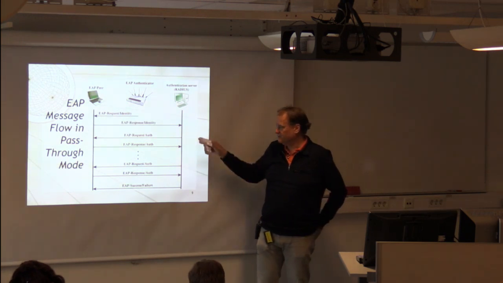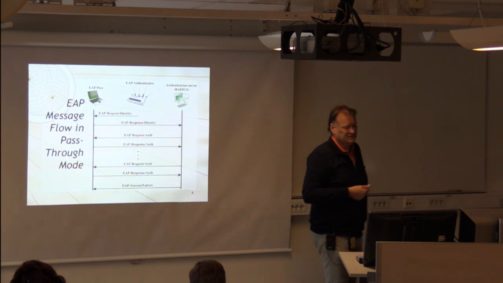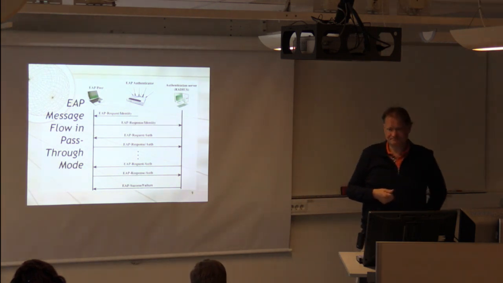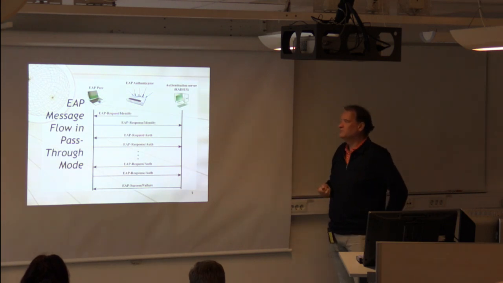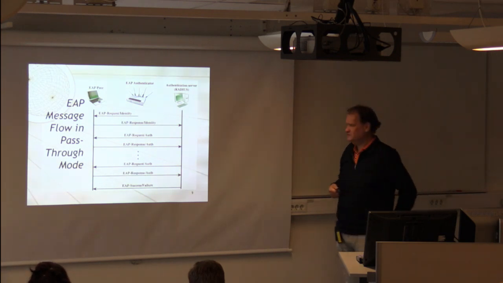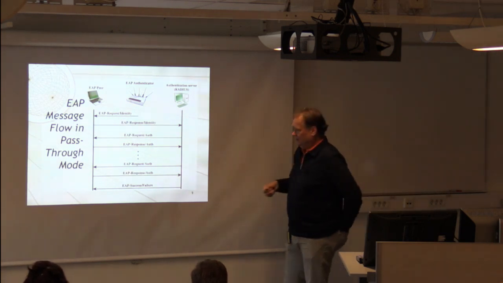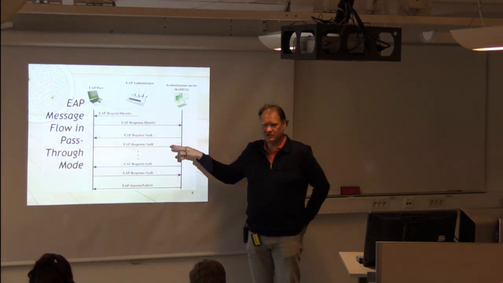So it could be that we are requesting here, okay, give me your certificate. Or sign this message using your private key that is connected to this certificate. And then we do that, or we say that, well, sorry, can't do that.